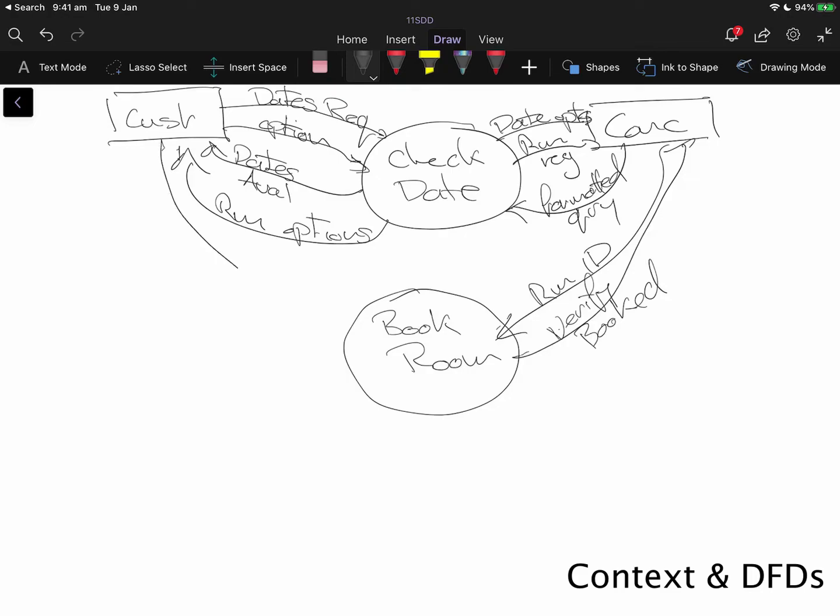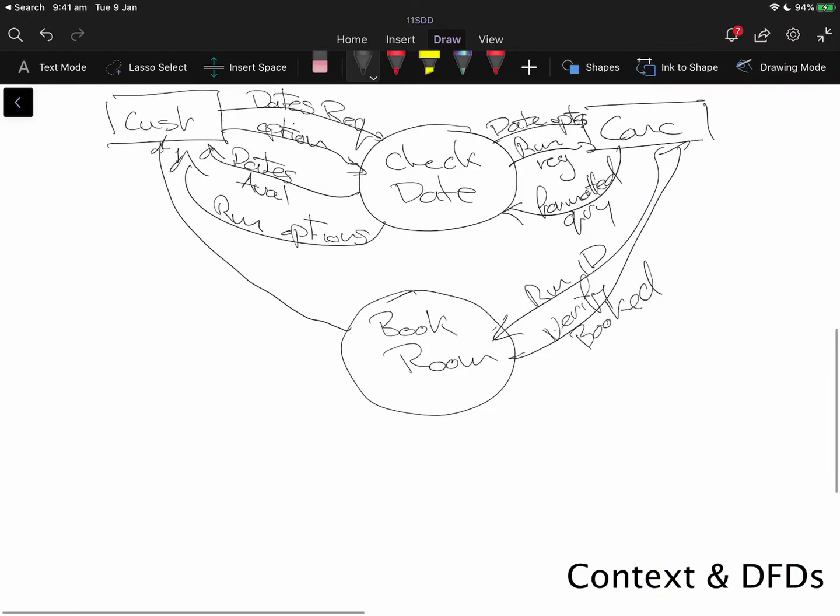And out of the system would come the room number that goes to the customer. Okay, when we book the room, well, that's probably going to talk to a database. And that's going to be the booking ID.